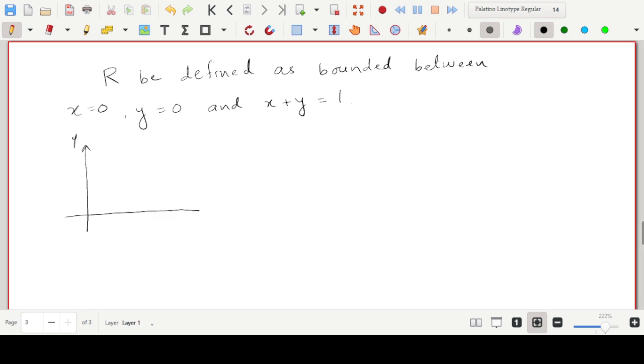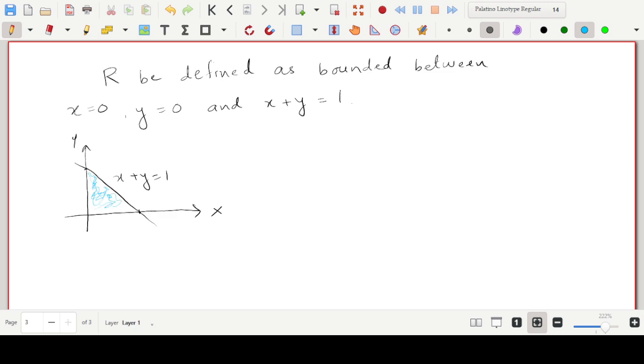This is the y axis, this is the x axis, and if this is y equal to 1 and this is x equal to 1, then the line connecting the two is x plus y equal to 1, and it is this region that we want to integrate a certain function.